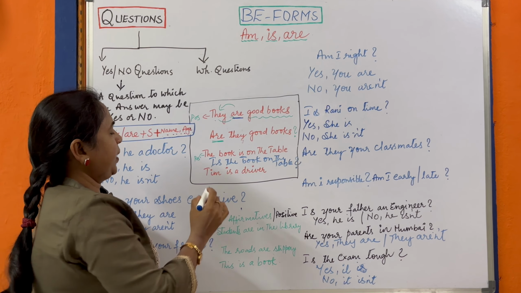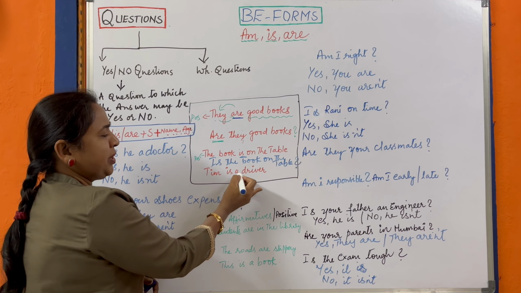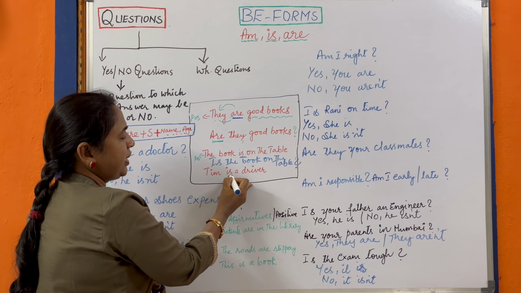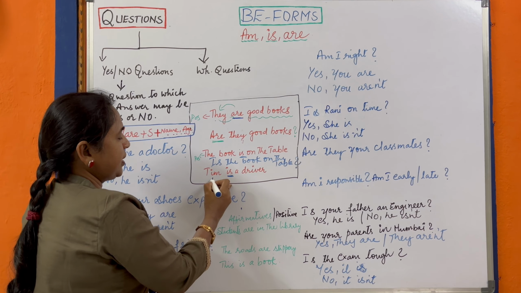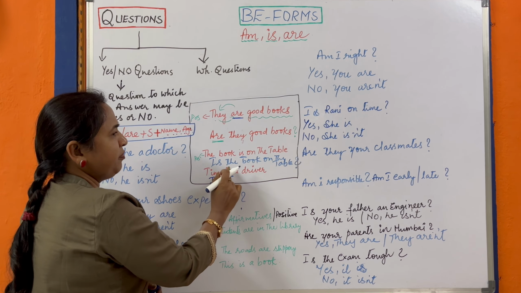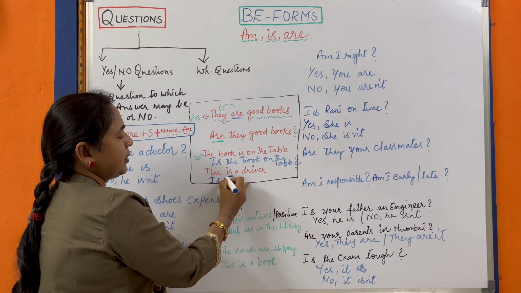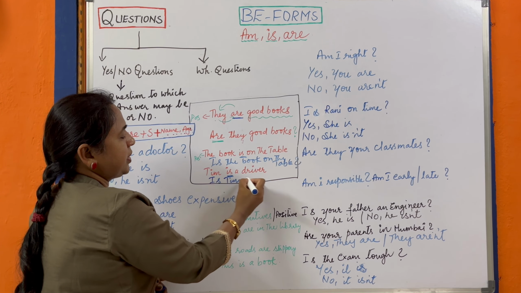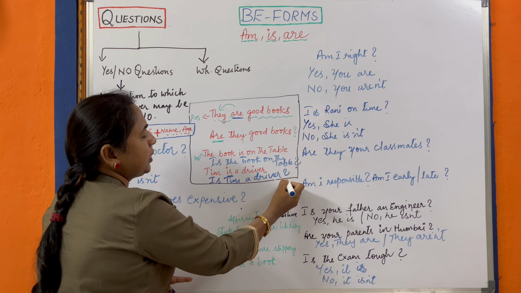Okay, in written form, be careful, this is in the written form. Same way, Tim is a driver. Now is is the be form. The be form will take the subject place, that is is, and the subject Tim will take the be form place. Is Tim a driver? And you're going to tag a question mark.